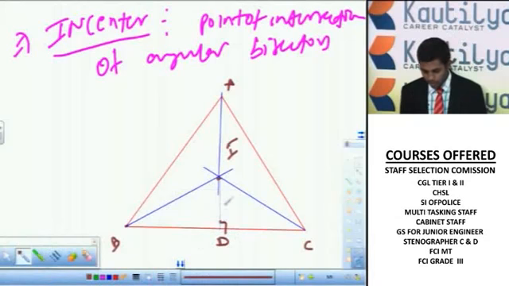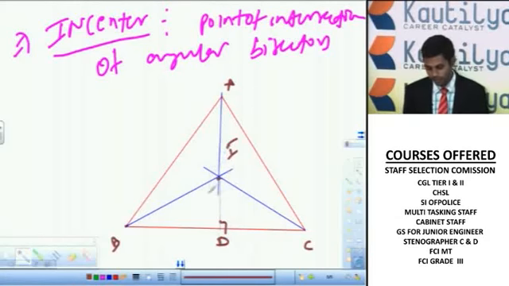So ID will be the equidistance. That is, the length ID will be equal to that of the perpendicular from I to side AB and from I to side AC.